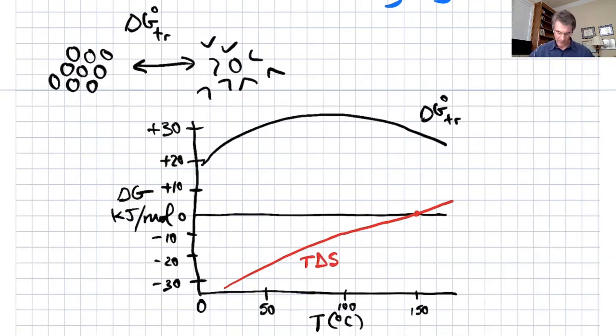And then if we look at the enthalpy change, it does something like this. So if this is delta H, and that line is not quite right.